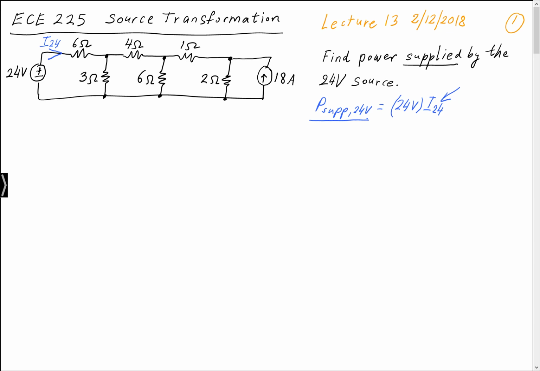As we go through these kinds of transformations one after the other, you'll see that the circuit simplifies quite a bit. Now, in this problem, since we're interested in I-24, it's best to make sure that we leave that branch, the current that we're looking for, alone. So it's best that we leave that 6 ohm resistor branch alone, and work on the rest of the circuit.